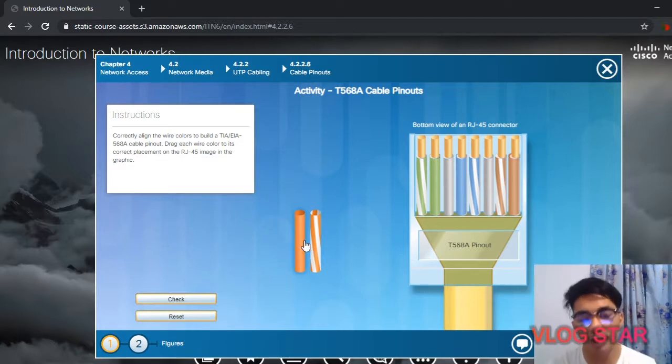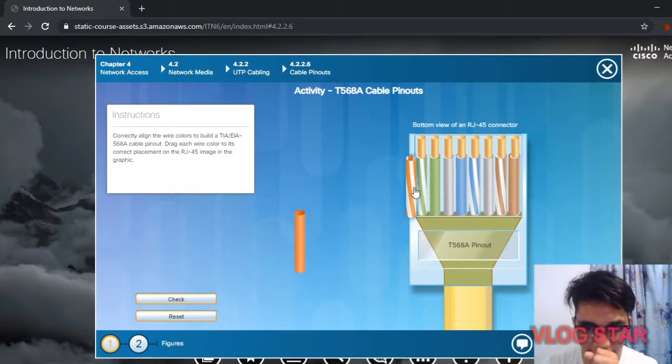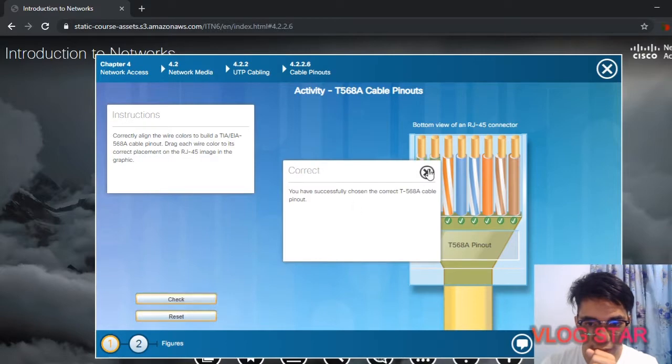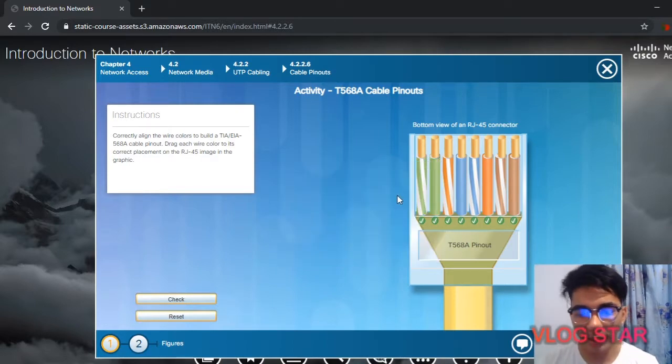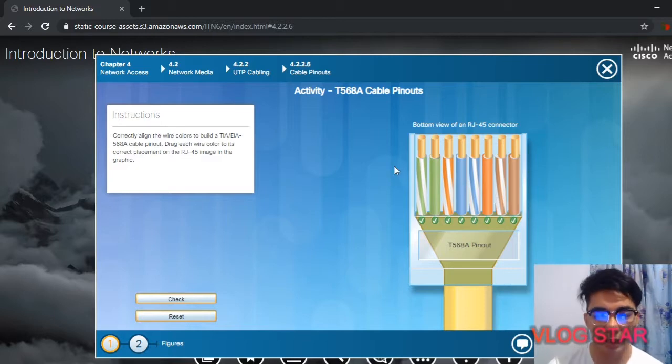Stripe, solid, stripe, solid, stripe, solid, stripe, solid, in order to build it successfully, then let's try to check it later. Then check. As you can see, I've successfully chosen the correct T568A cable. It should be stripe, solid, stripe, solid, stripe, solid, solid, solid, stripe, just like that.